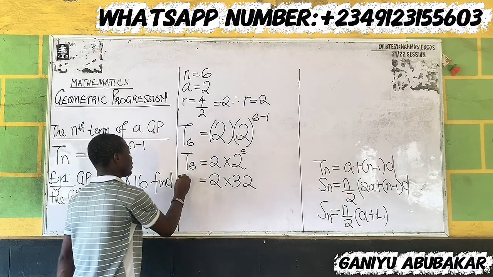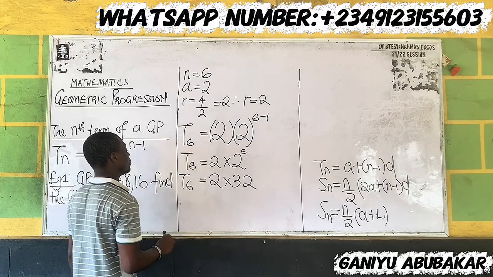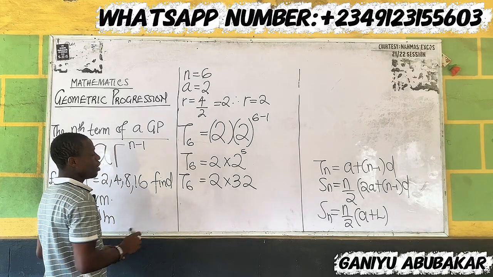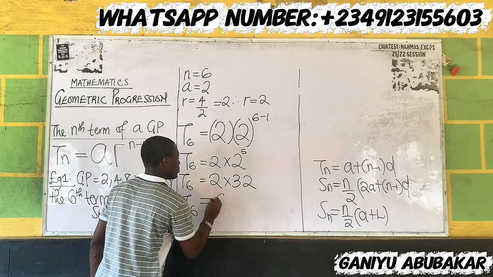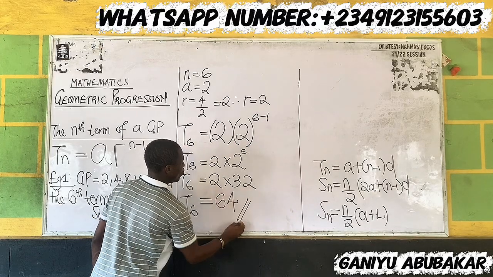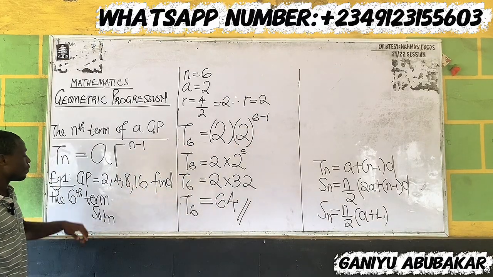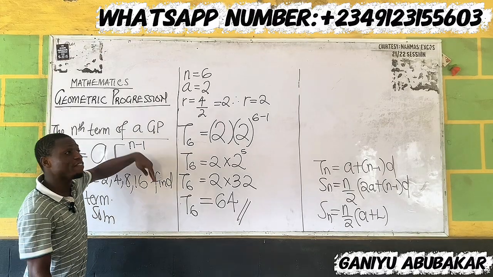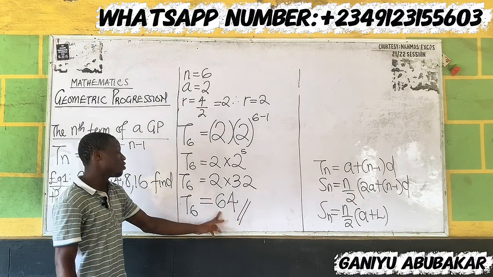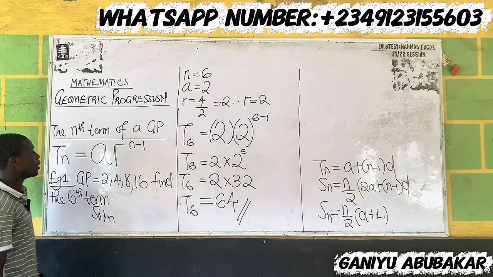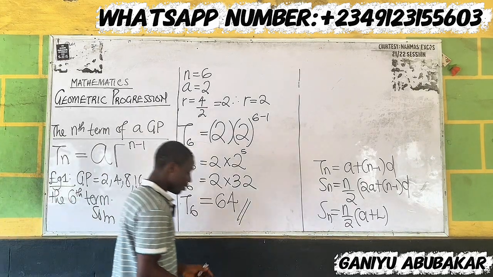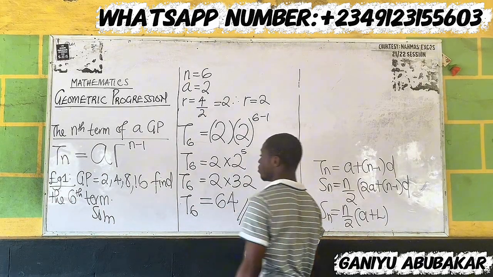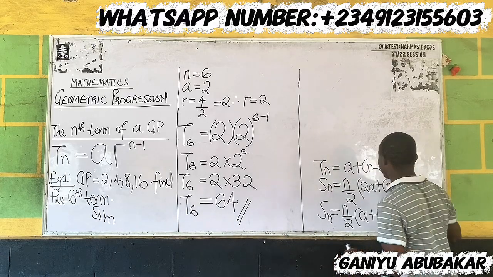So my T6, the sixth term, is equal to 2 times 32, and that gives you 64. If I count 1, 2, 3, 4, 5, and 6, that sixth term is of course 64. So that is how to solve problems using the nth term concept of GP, since I solve problems of this nature.